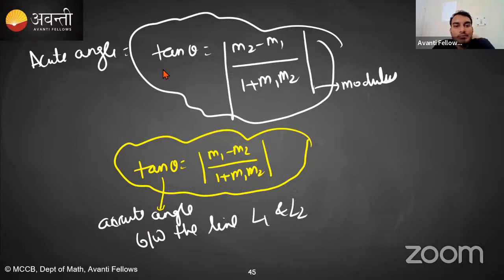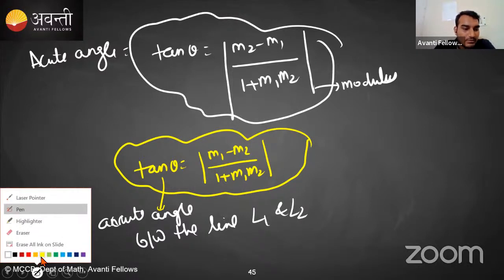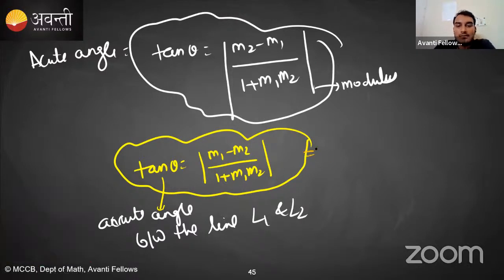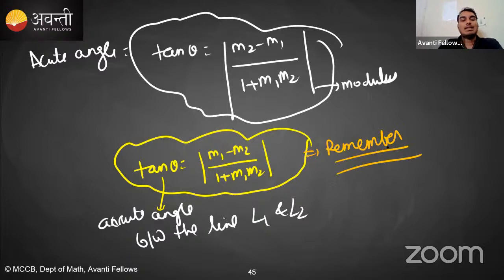Clear, students? Angle between two lines: mod of M1 minus M2 upon 1 plus M1 M2. Simple. Any doubt? The formula is important, so you have to remember it. The derivation is not important; the formula is important.